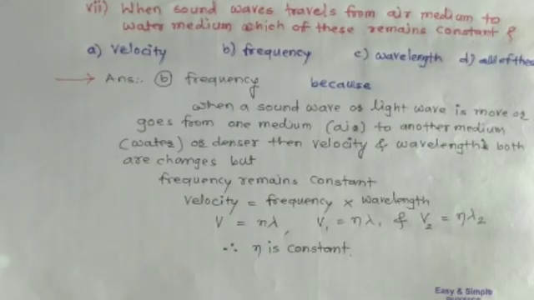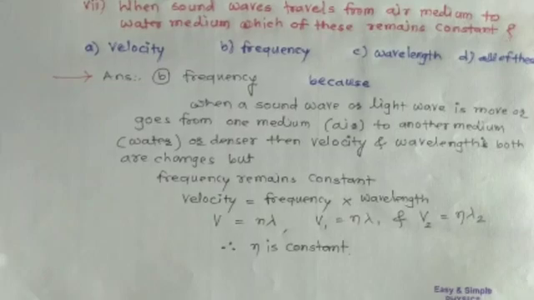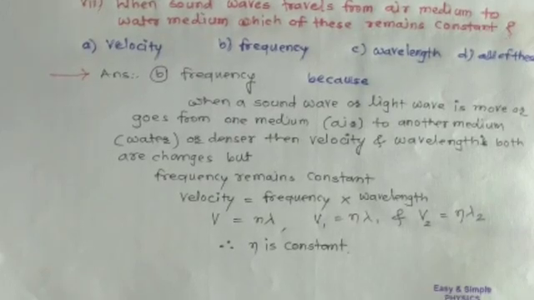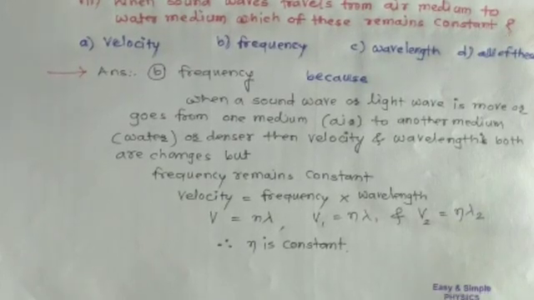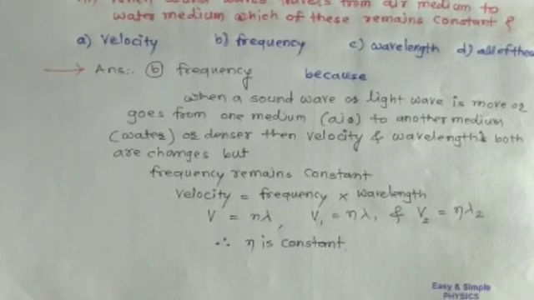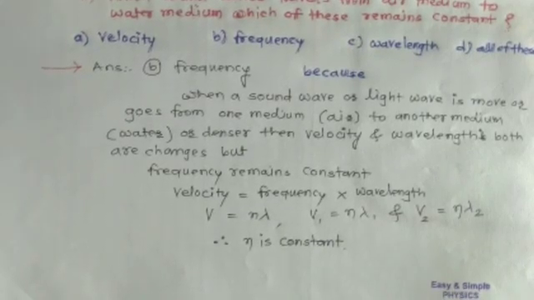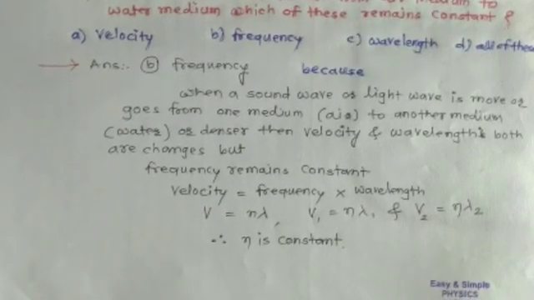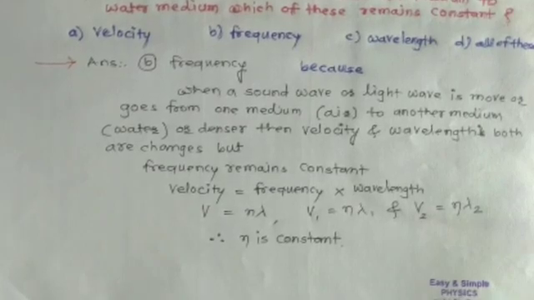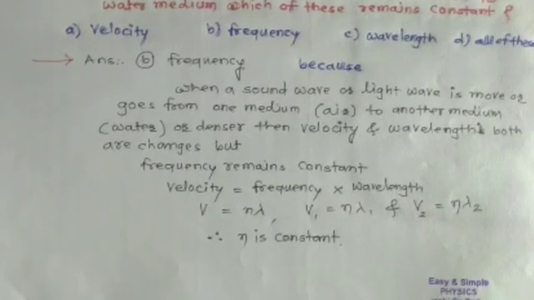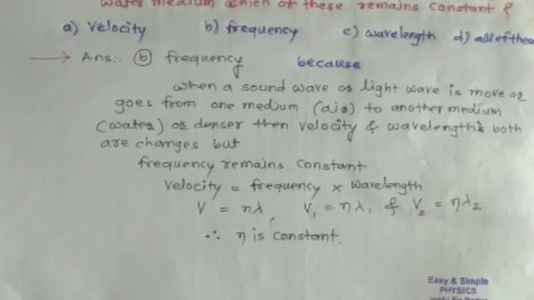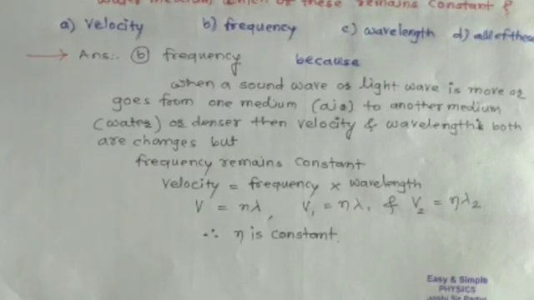Question 7. When sound waves travel from air medium to water medium, which of these remains constant? Option A velocity, option B frequency, option C wavelength and option D all of these.